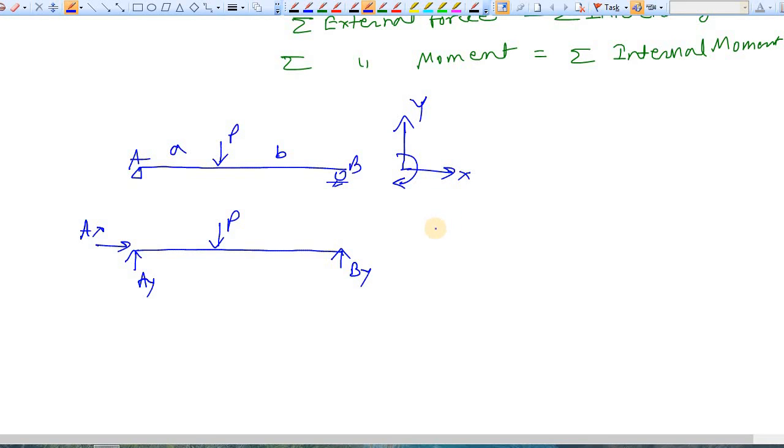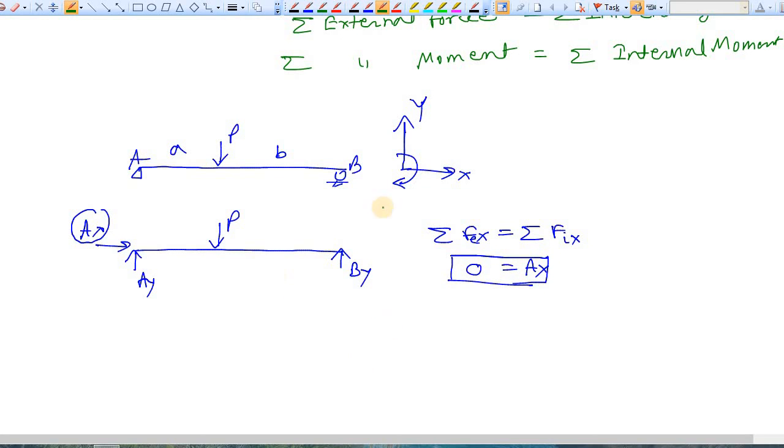Of course, the total summation of external force towards X is equal to the summation of internal force towards X. Towards the X direction there is no external force, so this is 0. But for internal forces, yes, we have AX. So from this equation it is clear that AX is 0.